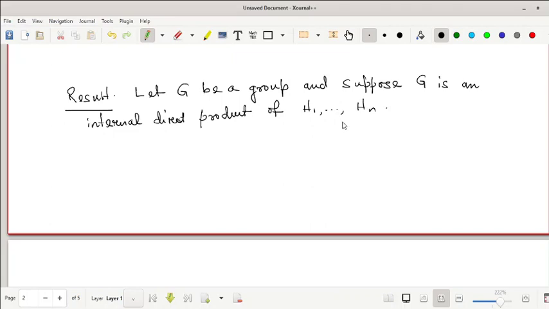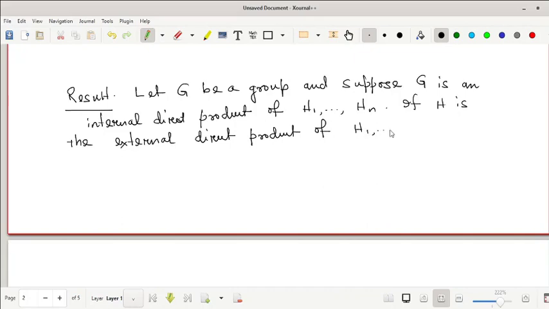Now H1, H2, Hn are also groups. If capital H is the external direct product of H1, H2, Hn, then G and H are isomorphic.